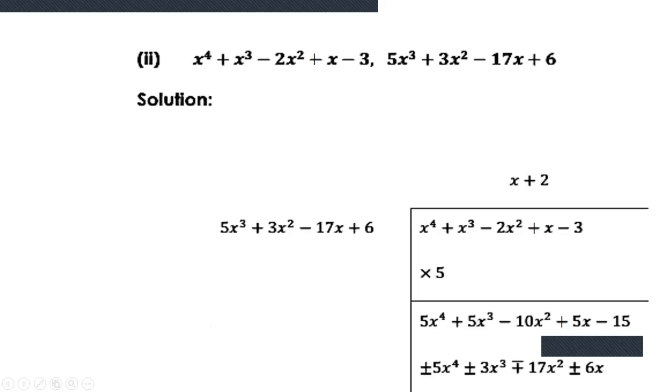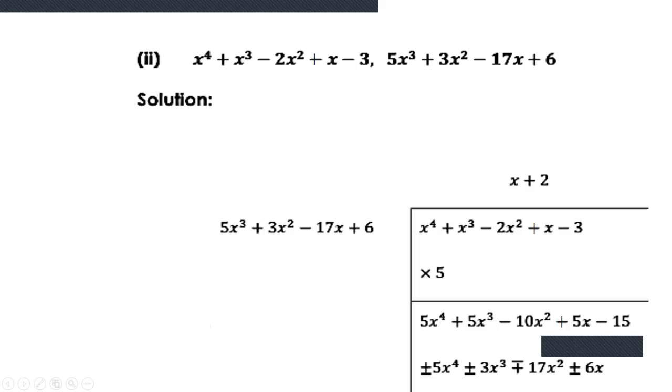What should we multiply to get 10x cube? Here is 5x cube and in the inner side there is 10x cube. We should multiply by 2, then we may get 10x cube.